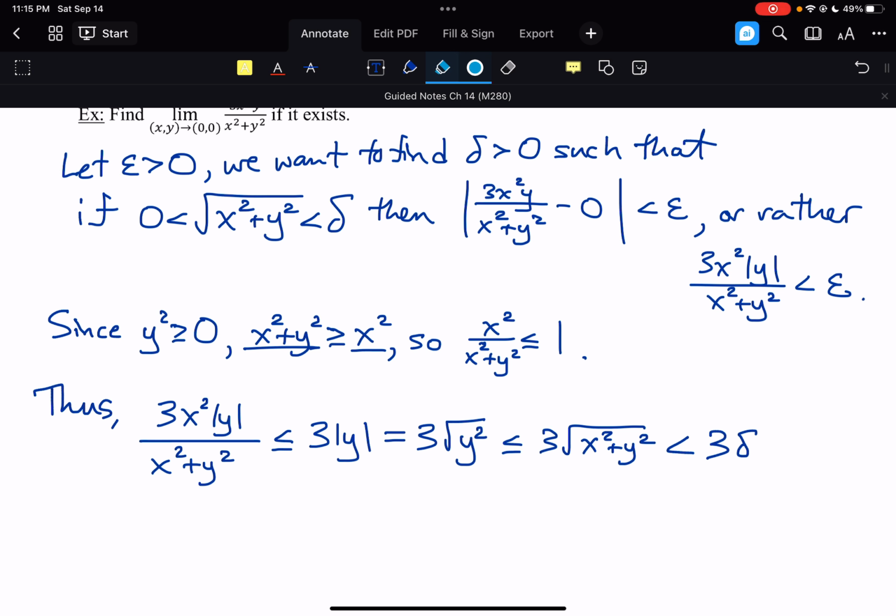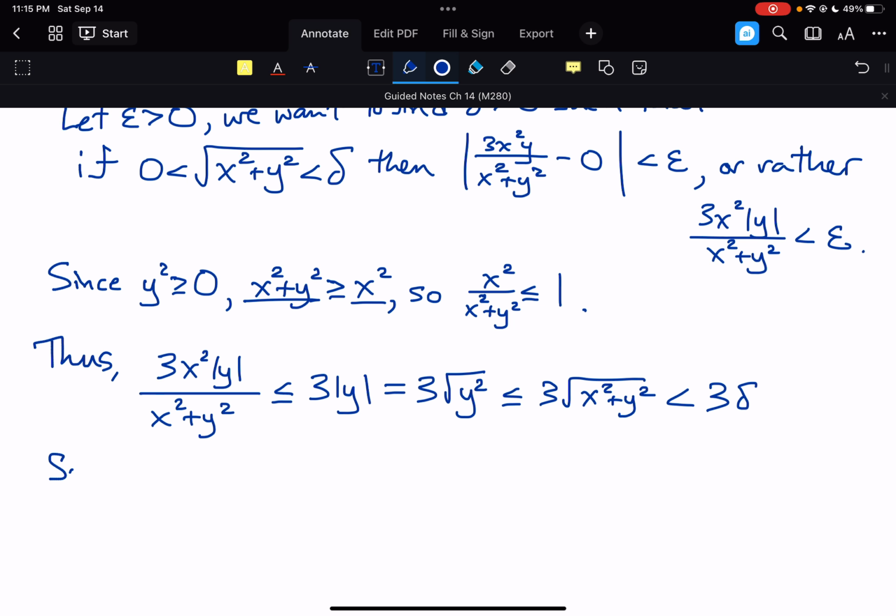So if we look at what we have versus what we want, we want it to be less than epsilon. We have it less than 3 delta. So to make this less than epsilon, we want 3 delta to be epsilon. So let's let delta be epsilon over 3, and that would give us exactly the relationship that we want.